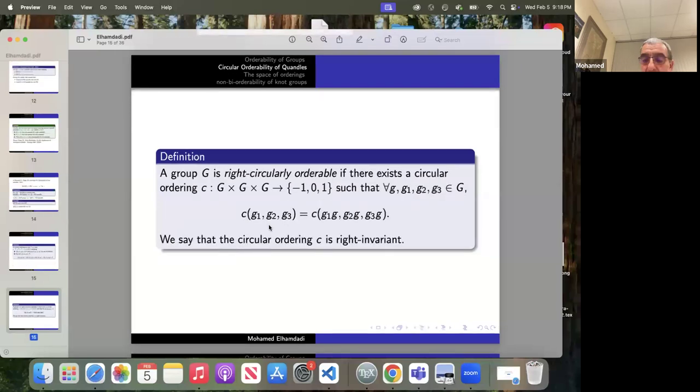Now, a group is called right circularly orderable if there is a circular ordering on it which is invariant from the right. Then C of x, y, z is the same as C of xg, yg, zg. We say that the circular ordering is right invariant.